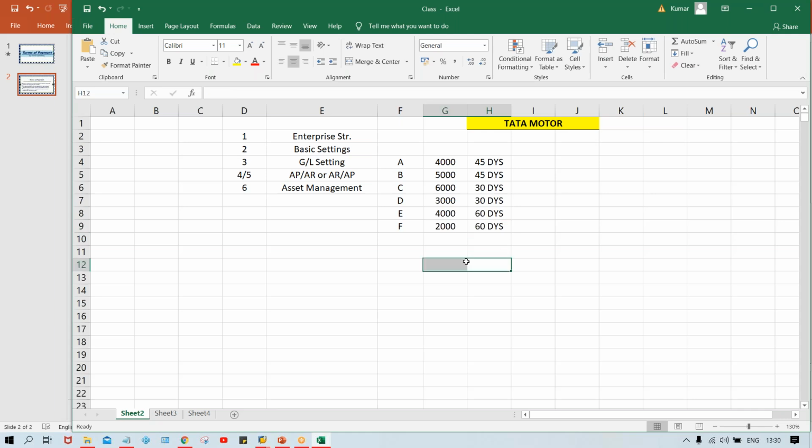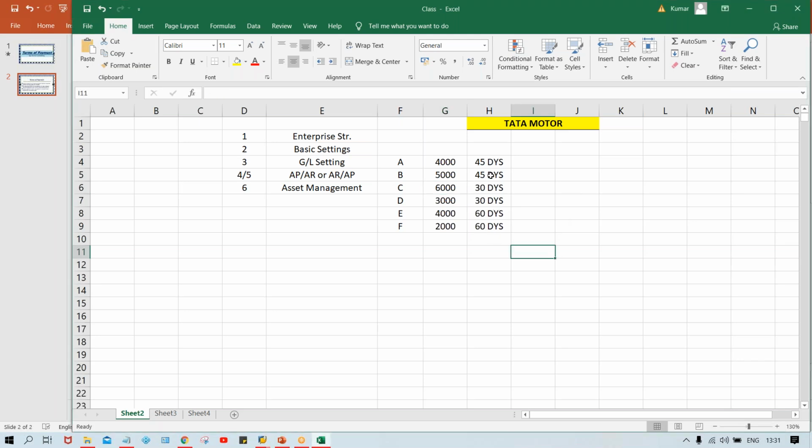So likewise, different vendors, because it's not the case that a single raw material is purchased, guys. Multiple different natures of materials are going to be purchased, right? So different payment terms are going to be negotiated with the vendors.